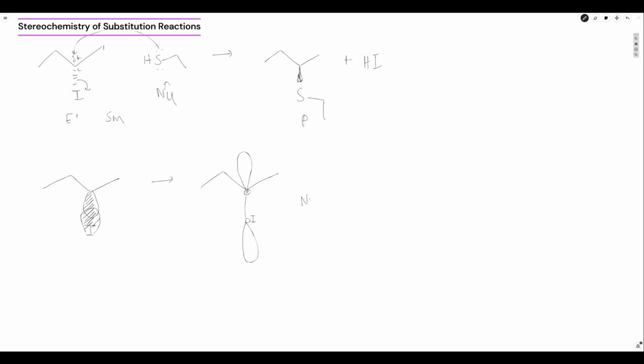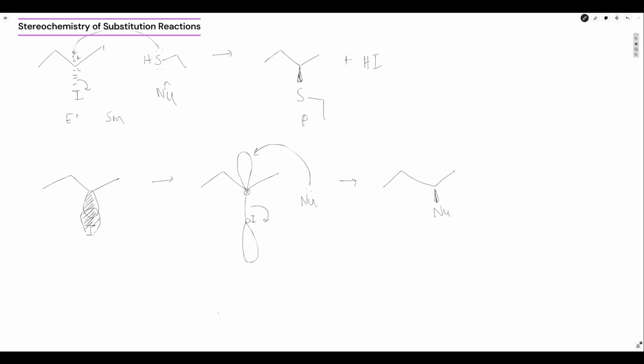And so this is the anti-bonding orbital with respect to the carbon and the iodine. What happens is the nucleophile populates the anti-bonding orbital with respect to the carbon-iodine bond. And by populating the anti-bonding orbital, the bond weakens because the anti-bonding orbital is anti-bonding with respect to this particular bond. So the nucleophile populates it with electron density, it breaks this bond, and we get our product as mentioned above, which is, in this case, the sulfur, but I'll just put the nucleophile because that's what we drew.